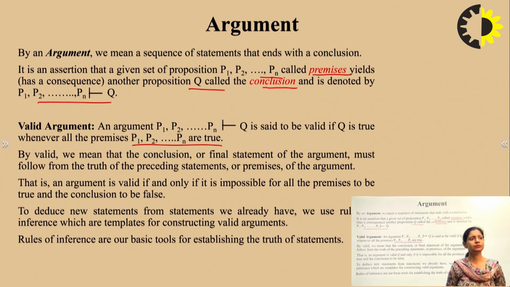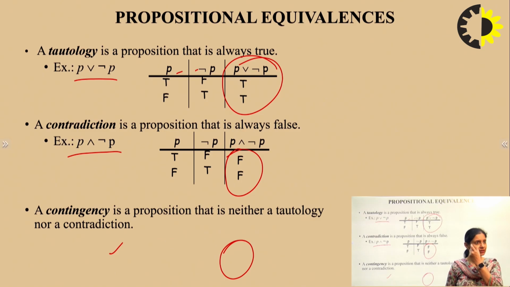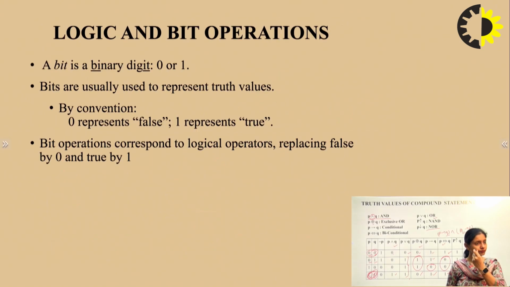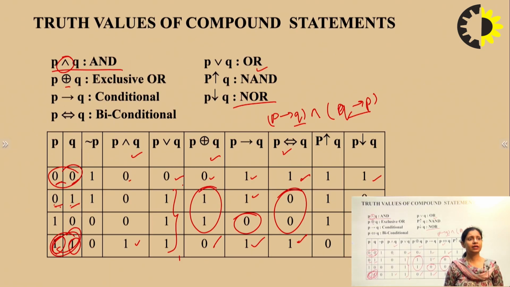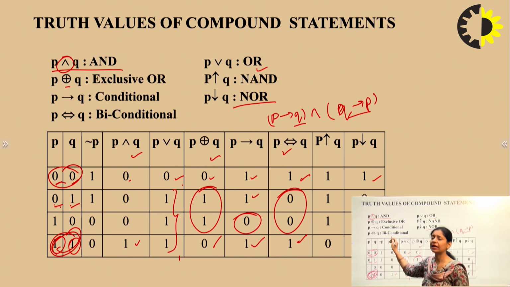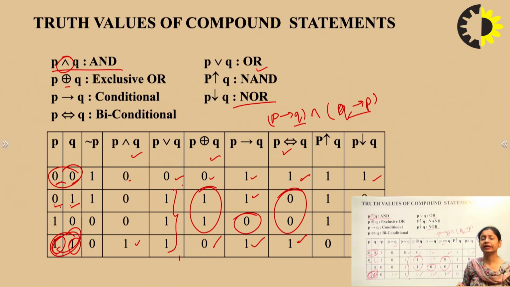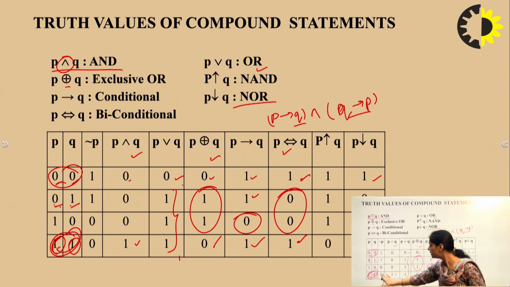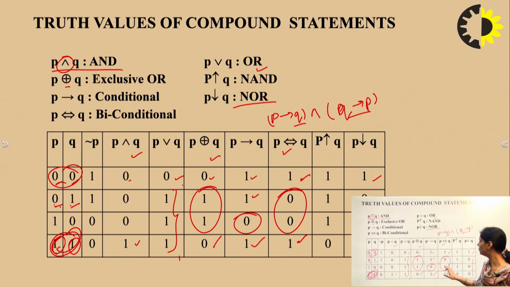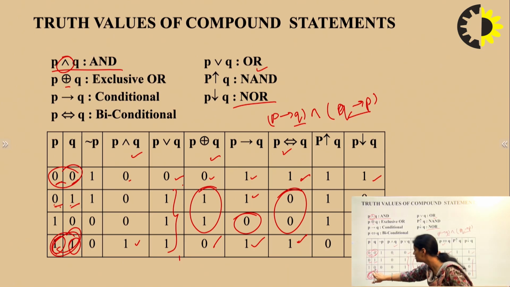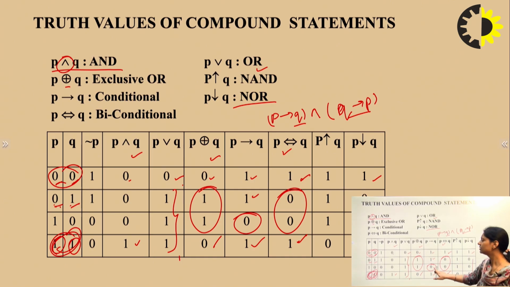Coming back to the truth table that we just discussed. We already saw that P if and only if Q is a biconditional, which says that it is P implies Q and Q implies P. In P implies Q, where we have 1 and 0, we get the result as 0.